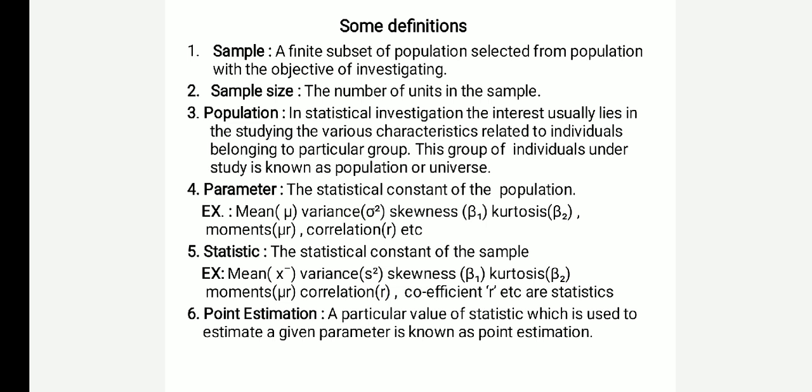In each sample area, you will compute the sample mean. The average of these sample means together will give one figure. That estimation, suppose your result is about 30 quintals per acre of paddy, then that 30 is your estimation, that is point estimation.